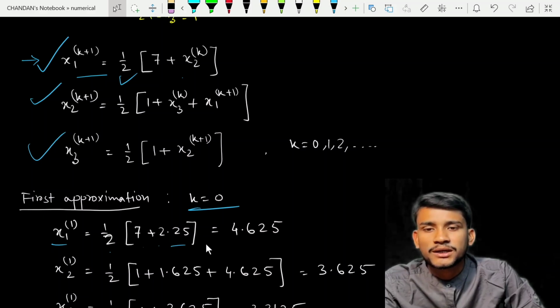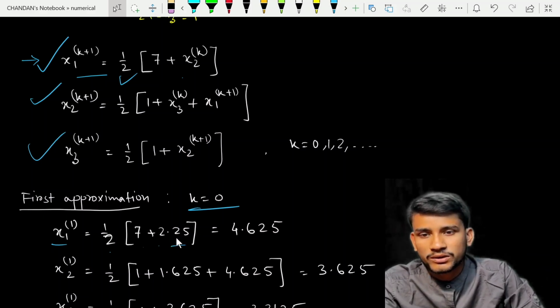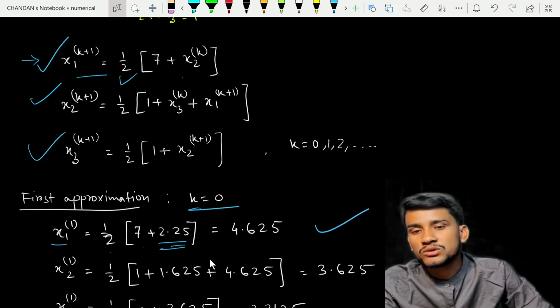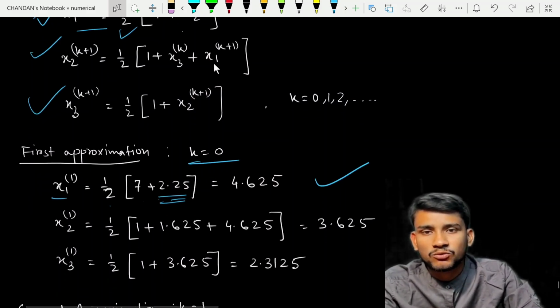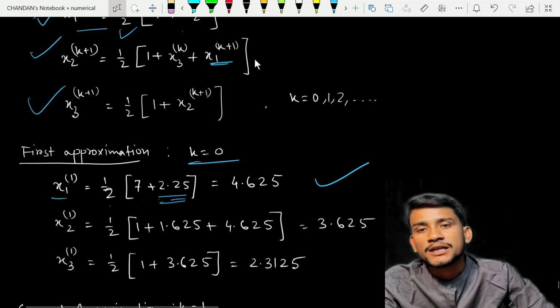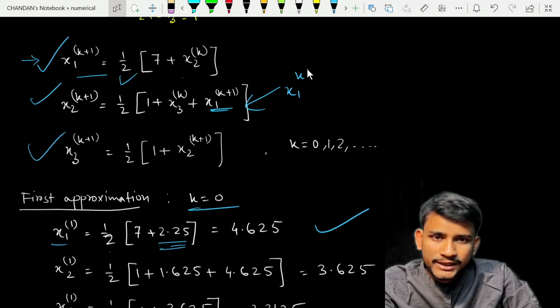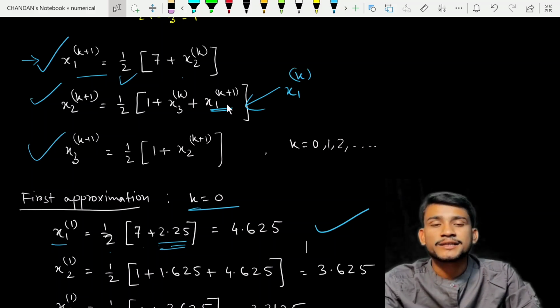Now for the first approximation, for k equal to 0, we use x1^0, x2^0 and x3^0 here. So x1^1 equal to 1 by 2 into 7 plus x2, where x2^0 means 2.25. This is equal to this one, and we now use x1^(k+1). Here, in the case of the Gauss Jacobi method, we would use x1^k, which is the previous iteration.